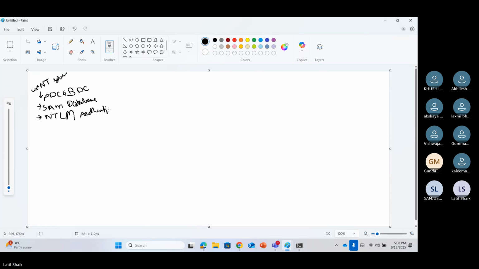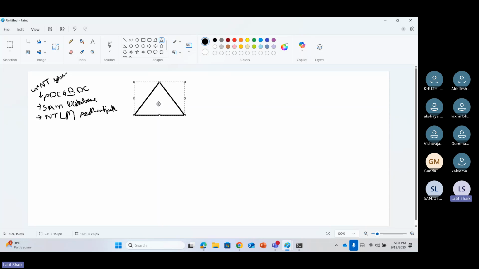So these are the details of Windows NT. But why are we not using the SAM database, domain, PDC, BDC right now? Why are we going to the new version called Active Directory? We'll see that.